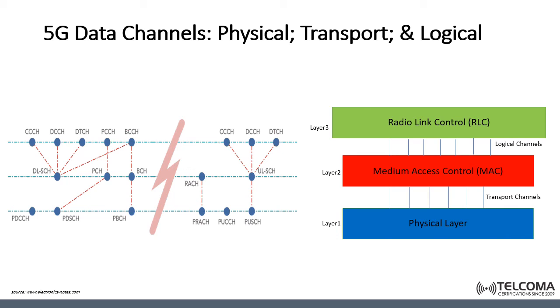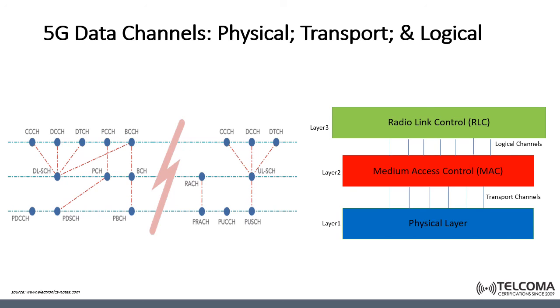The second channel is the paging control channel, PCCH, and this channel is a downlink channel, and it is used for paging of the user equipment whose location is not known to the network.